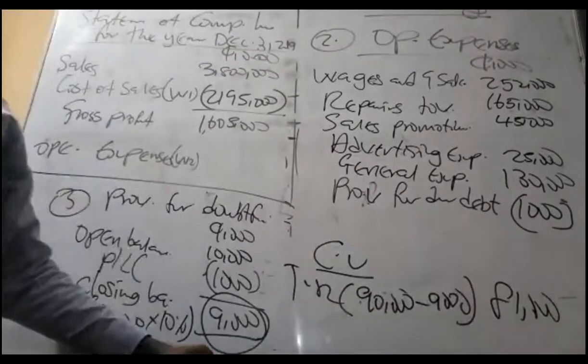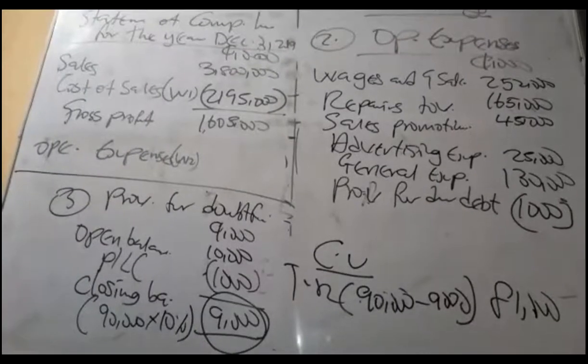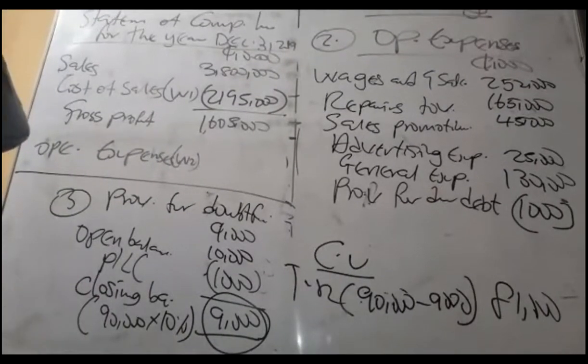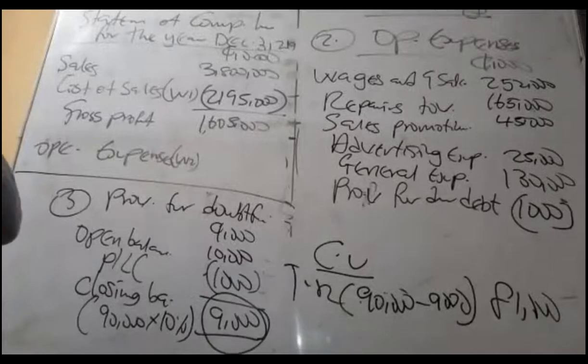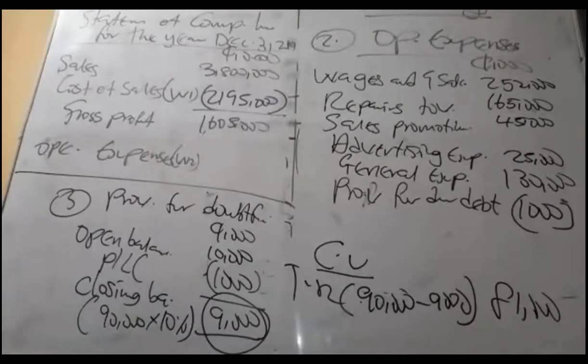So in the financial position, the balance sheet, the trade receivable will look like this. And then kindly post it before we move on. Just bring the original figure for the trade receivable, then take off the losses from it.